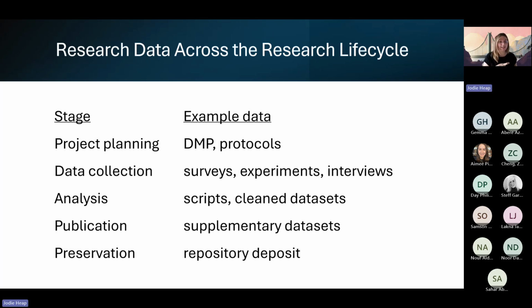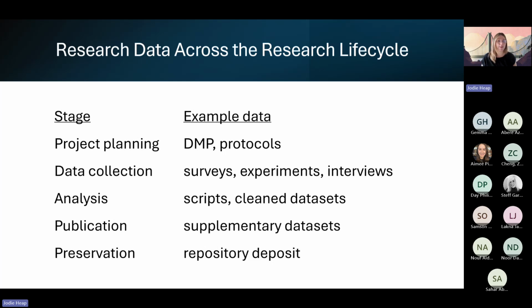We can have a look at the analysis, the scripts and the clean data. We've got publications for any of our supplementary data sets, and then we have preservation right at the end for depositing that data into the repository.